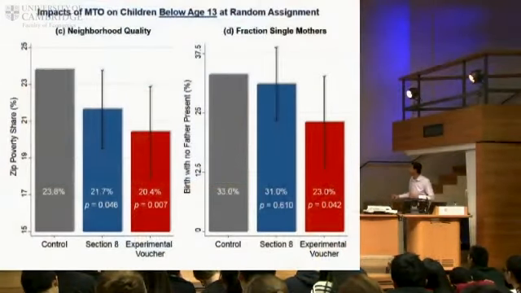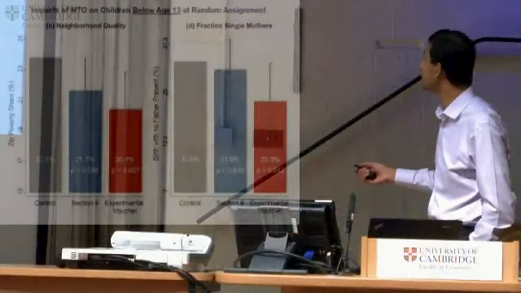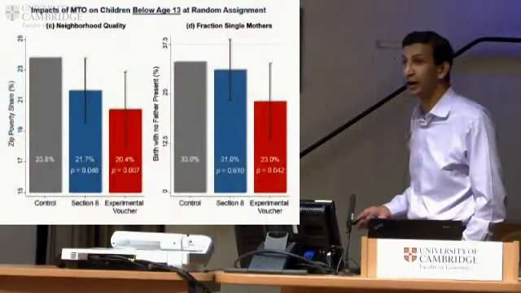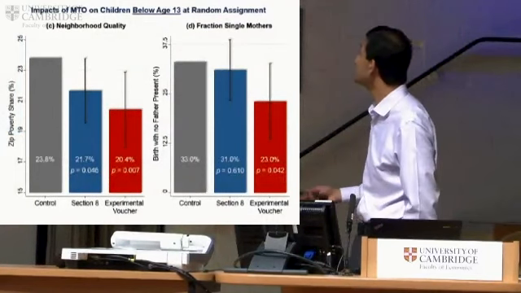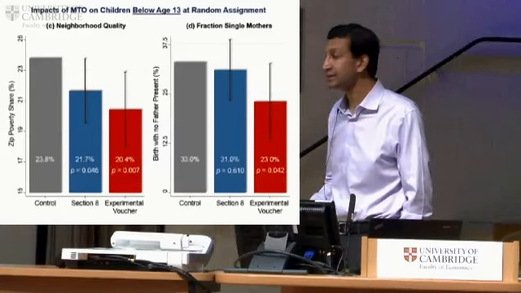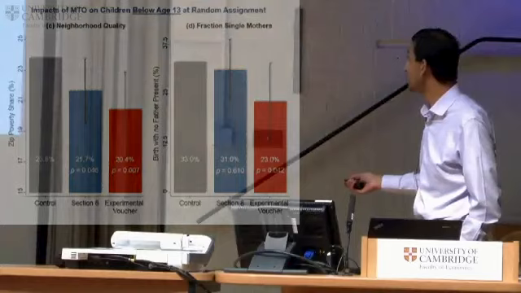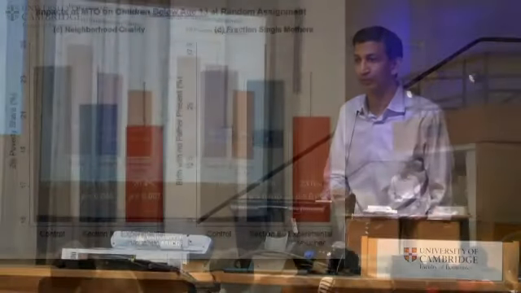And then finally, one last outcome, a little bit outside the traditional economic focus. Here we're looking at the fraction of women who become single mothers. And in the control group, that's 33%, compares with 31% in the Section 8 group, and 23%, so a 10 percentage point decline in the probability that you have a child and raise that child as a single parent if you receive this housing voucher subsidy and move to a lower poverty area.